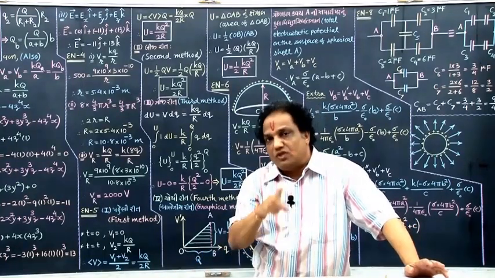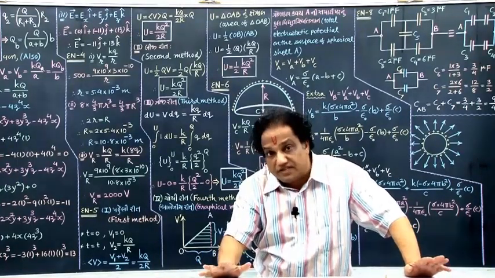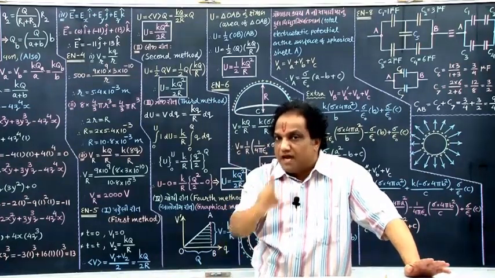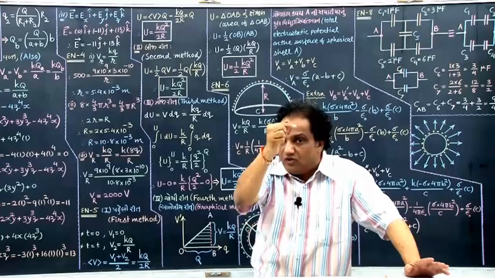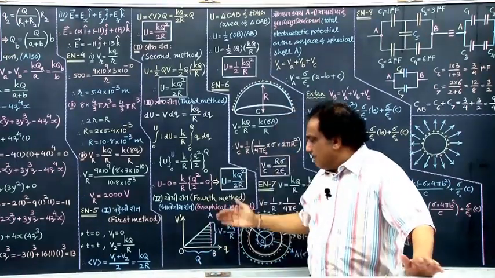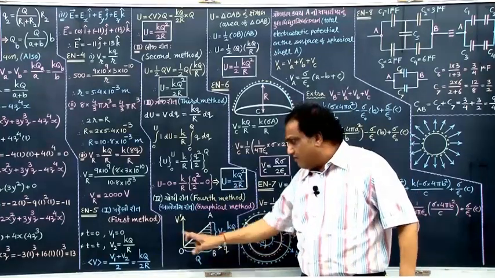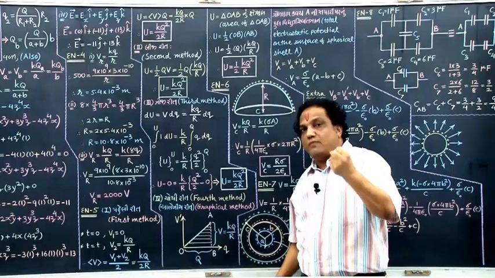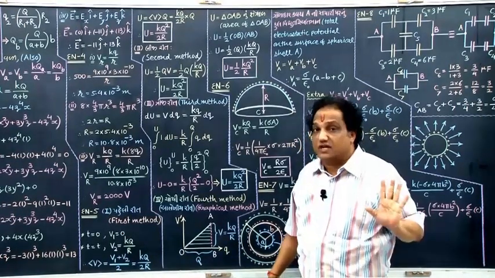Similarly, you plotted the graph of F versus X in case of a variable force. How much work is done, you found by finding the area enclosed under the graph of F versus X, correct? Similarly here, by finding the area enclosed under the graph of potential versus charge, we can find the amount of work done or amount of energy stored in the process of charging.